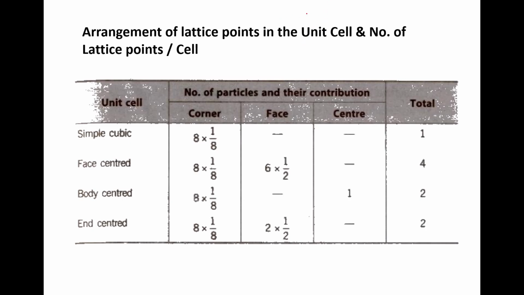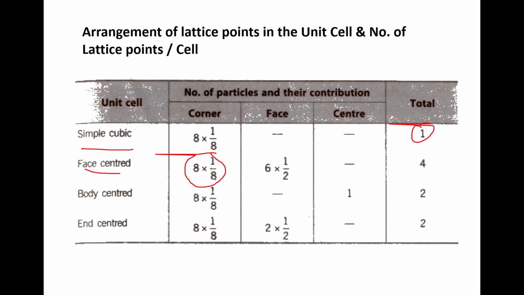There are 8 total atoms, 1 in each corner. So in each corner the contribution is 1 by 8, but there are 8 atoms. So 8 multiplied by 1 by 8 is 1 total atom in a simple cubic lattice.